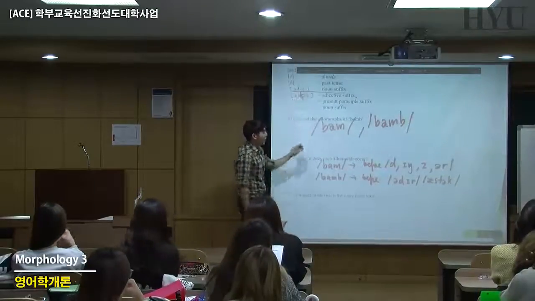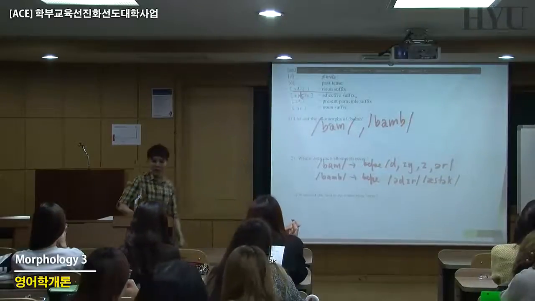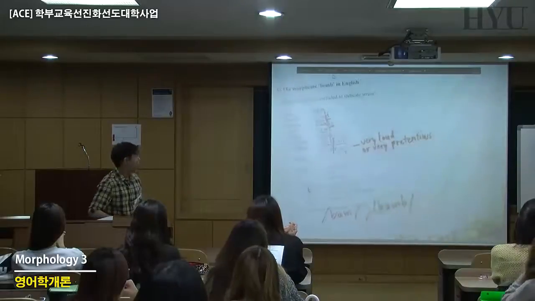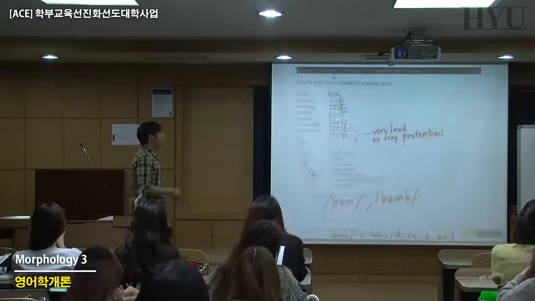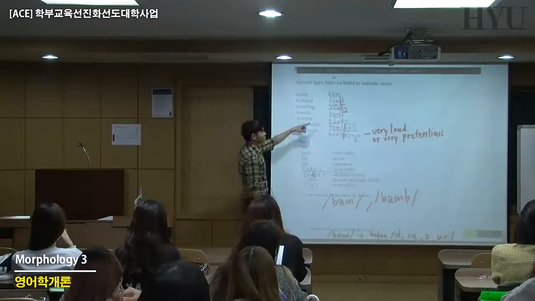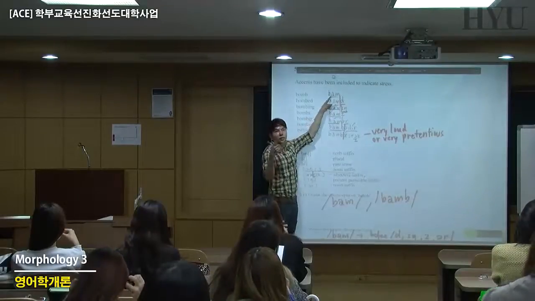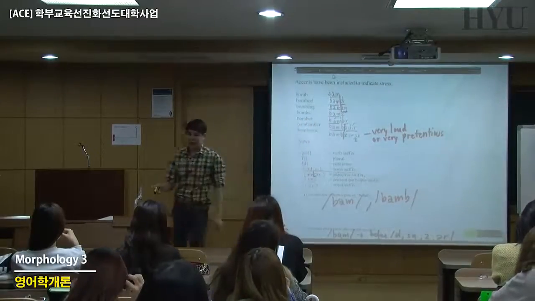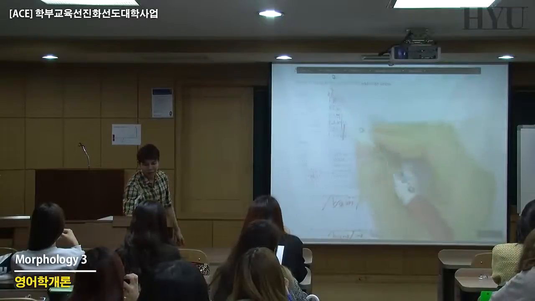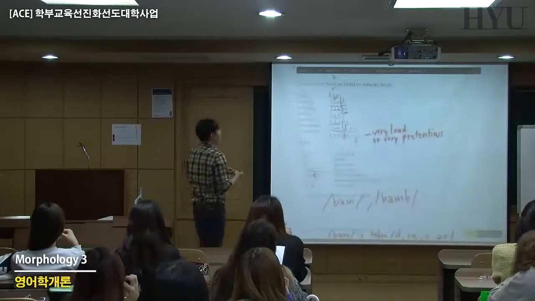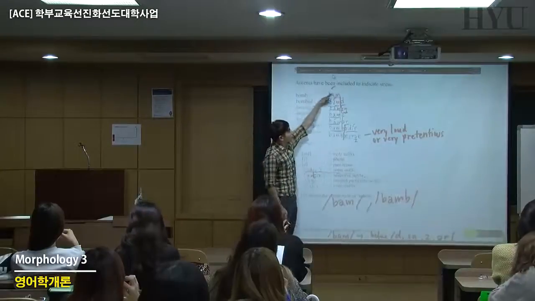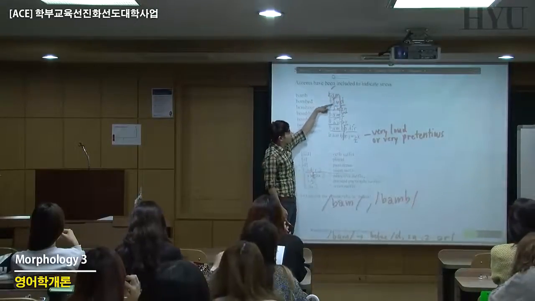So what do we have? If you look at the list of words here, what do we have that makes them so different? In one syllable words, the stress is there always, right? The stress cannot be somewhere else. The stress is here, right?